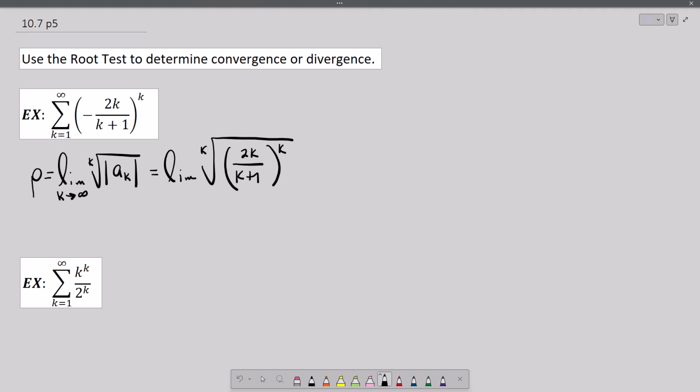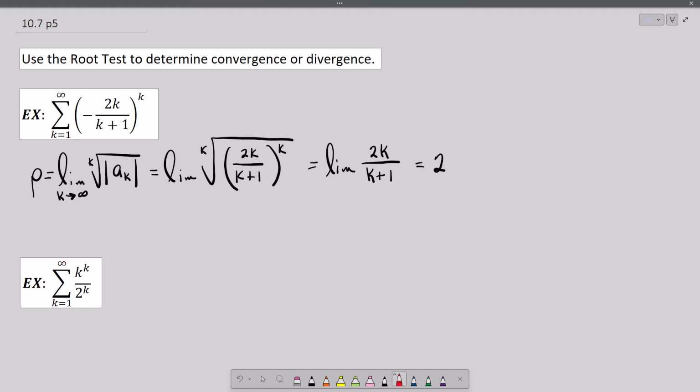And then the kth root of the ratio to the kth power is just the ratio. So we end up with 2k divided by k plus 1. And what is that limit? 2. We've got polynomials with the same degree. The limit is the ratio of coefficients, which is 2.